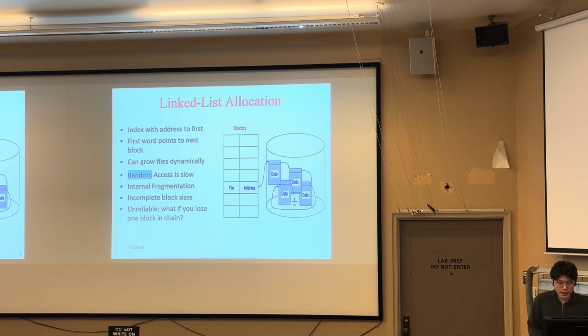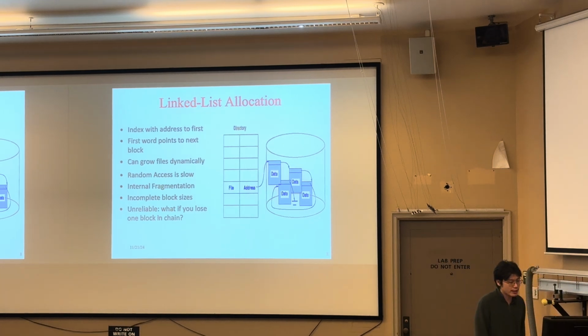And the other downside is that you still have internal fragmentation, and you have incomplete block sizes, and it can be unreliable. Right? It's possible that your linked list breaks and loses some blocks in the chain.